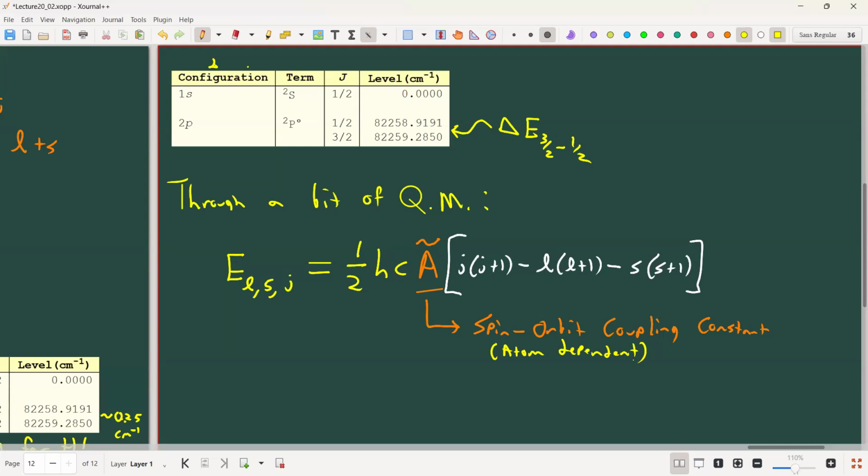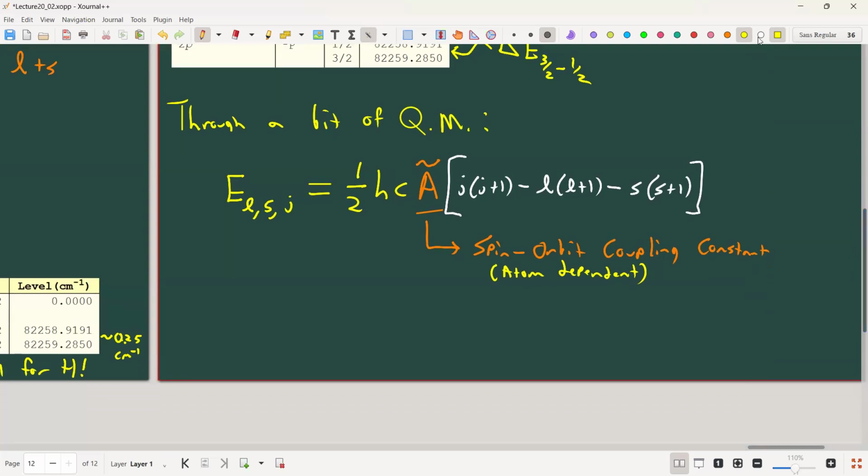Right? Now, for hydrogen-like atoms, and by hydrogen-like atoms, I mean ones with one unpaired electron, you can calculate A exactly.